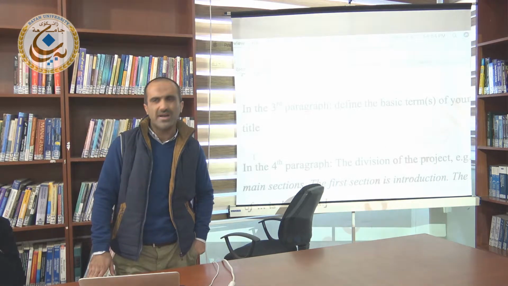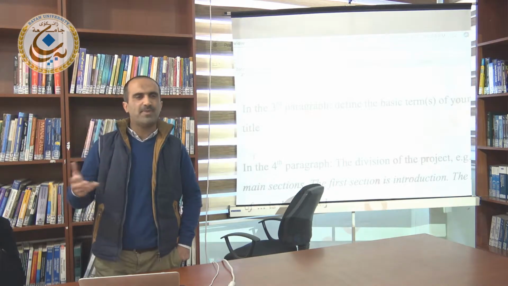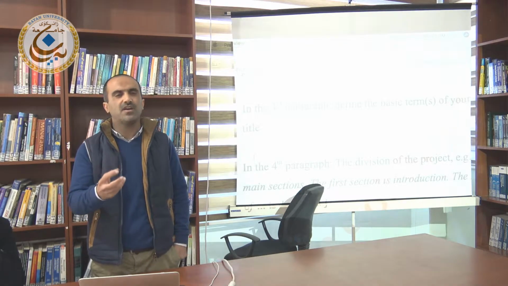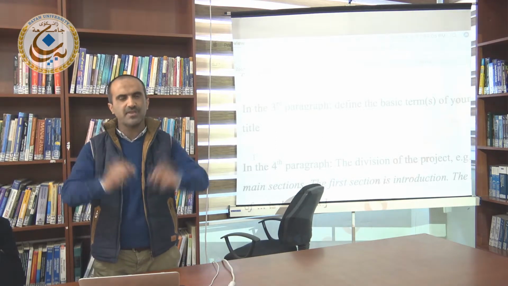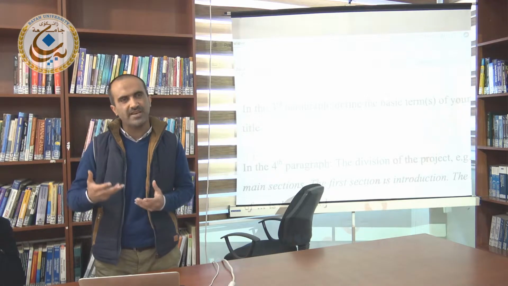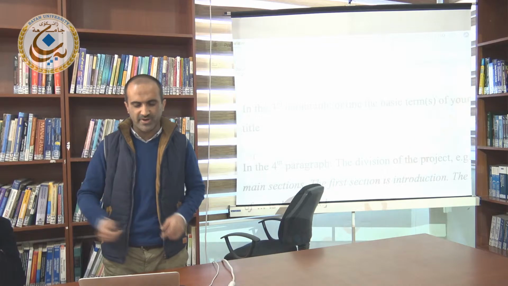And in the third paragraph, we're going to define the technical words, the academic words. Sometimes maybe people do not understand some words. If there is not any technical word in your title, I mean, you're going to explain, paraphrase, let's say, the title of the research. You're going to write it in a different way. Okay?